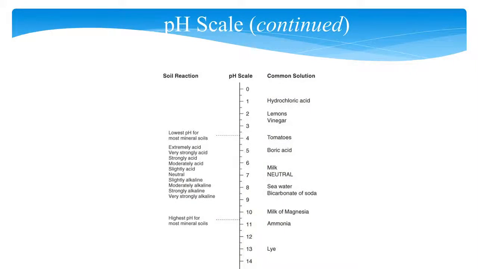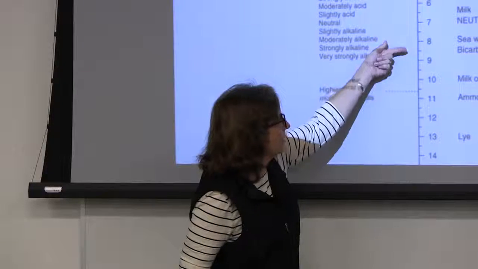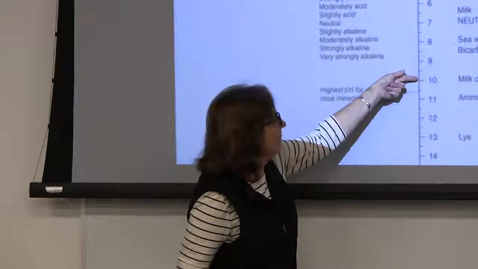Just to give you an idea, this is looking at it a different way. Hydrochloric acid is 1, very acidic. Lemons and vinegar are in the 2 to 3 range. Tomatoes are 4. We often talk about low acid tomatoes. They tend to be kind of acidic. Towards the neutral area, we get into things like milk, seawater, bicarbonate of soda, milk of magnesia.